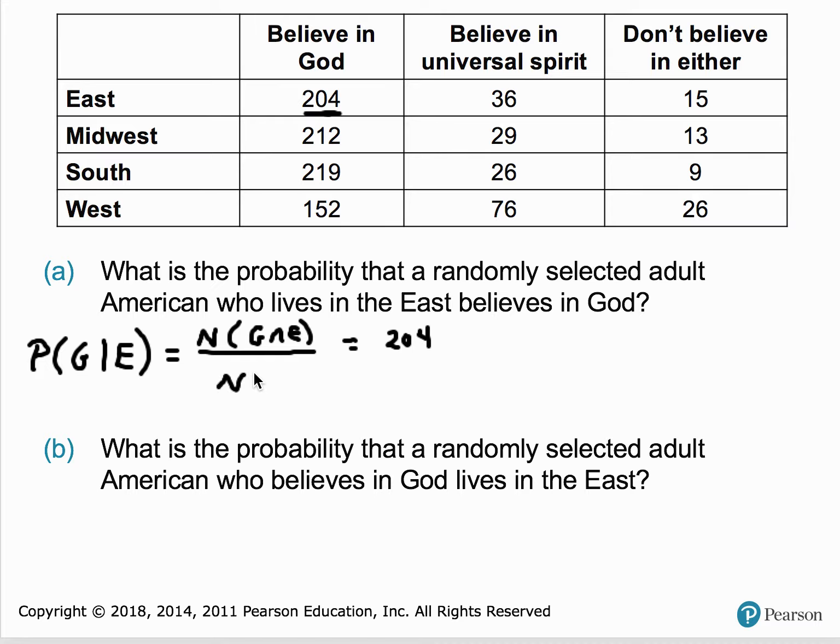Divided by the number of people that live in the East. Well, here I've got to add this up. So 204 plus 36, 204, 255, right? So I need this total.